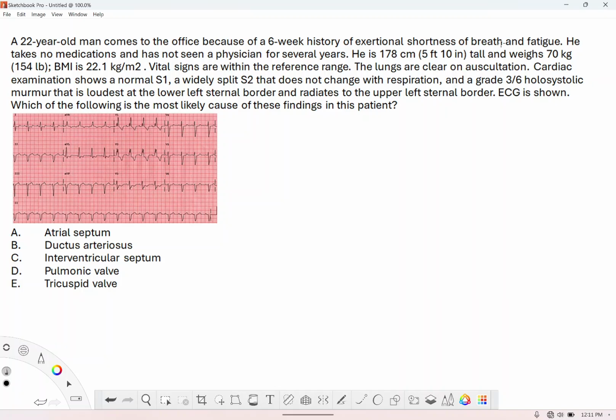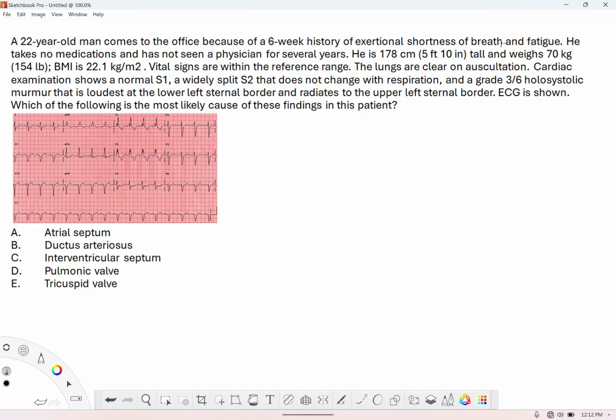The lungs are clear to auscultation. Cardiac examination shows a normal S1 and a widely split S2 that does not change with respiration, and a grade 3 out of 6 holosystolic murmur that is loudest at the lower left sternal border and radiates to the upper left sternal border. EKG is shown. Which of the following is the most likely cause of this finding in this patient?